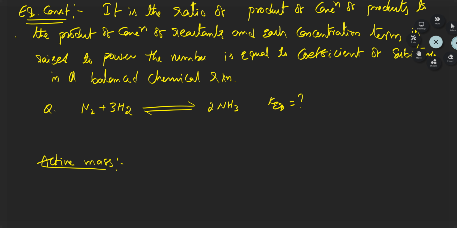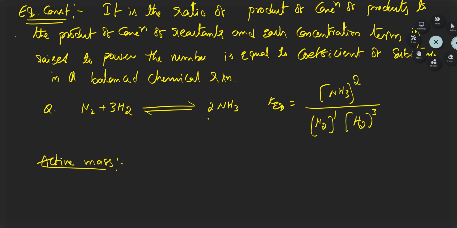What is the equilibrium constant? Product of concentration of products. Here only one product is there, the concentration of NH3, and the coefficient is 2, so it will be squared, by the two reactants N2 and H2, with H2 to the power cube. Here the N2 power is 1.